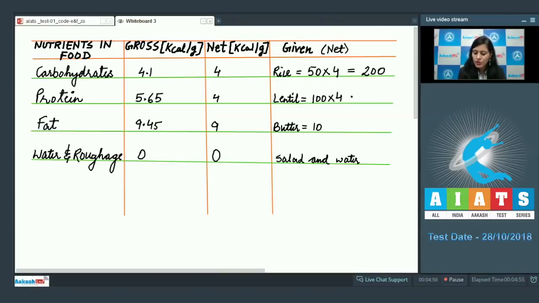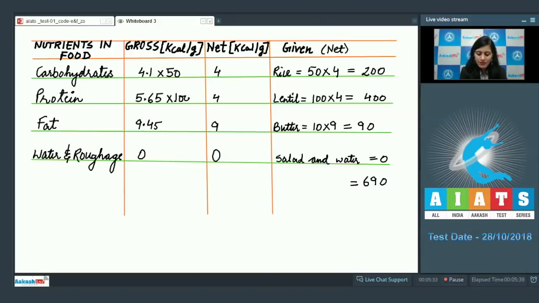So 100 into 4 would be 400. And she consumed butter, which is a source of fat, 10 grams. So this would become 90. As there is no net caloric value for roughage and water, which is consumed in form of salad by Sudha, so this would be 0. So the net total would be 690.